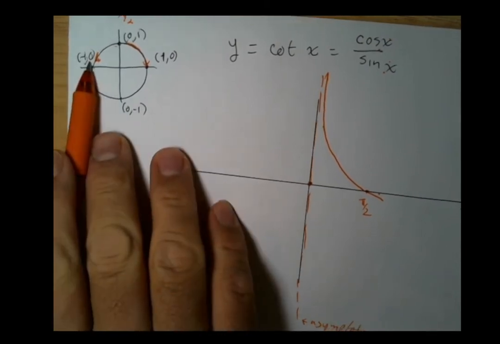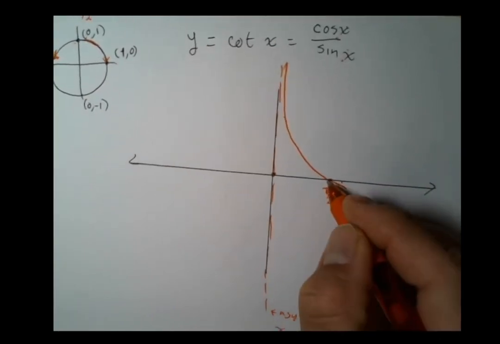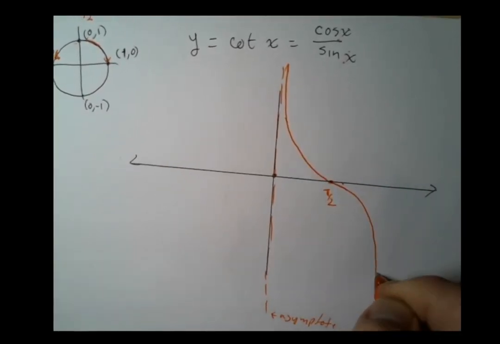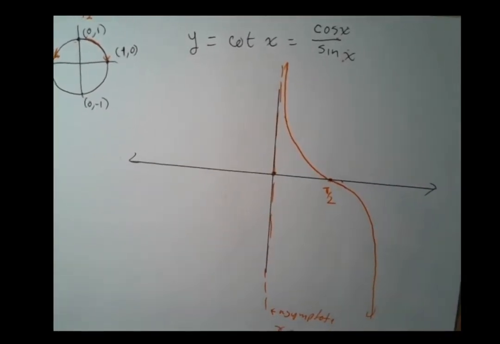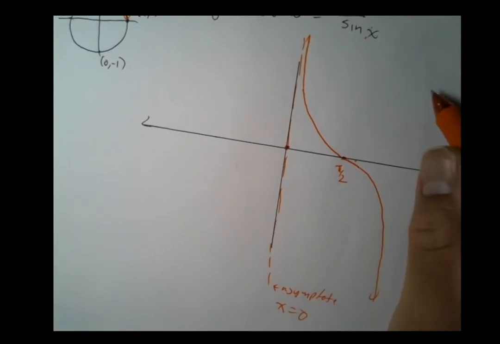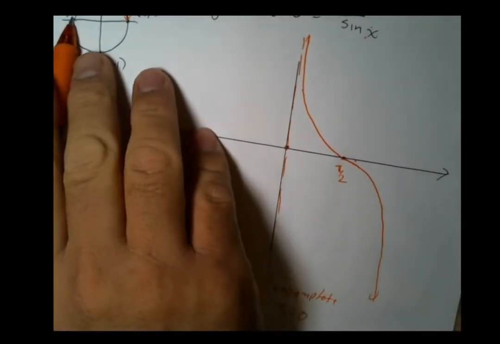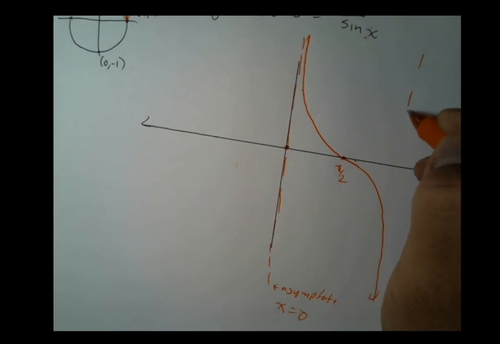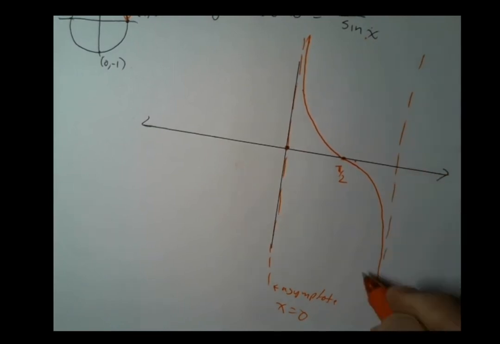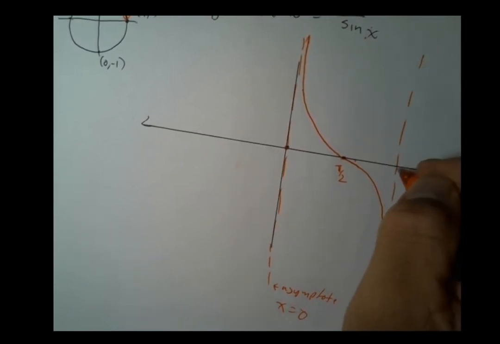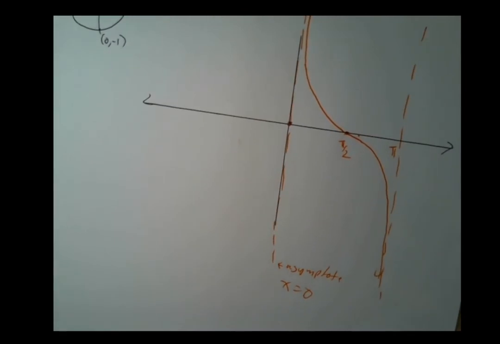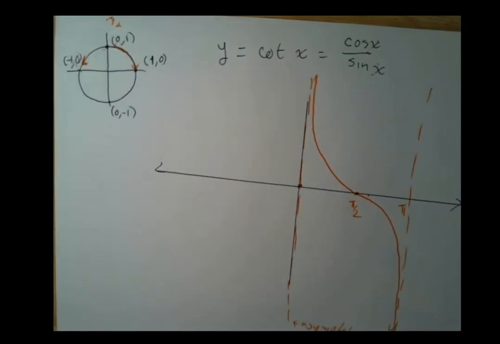Since the values are negative, overall it decreases without bound. And we have our next asymptote, which occurs at pi. So this encapsulates one period.